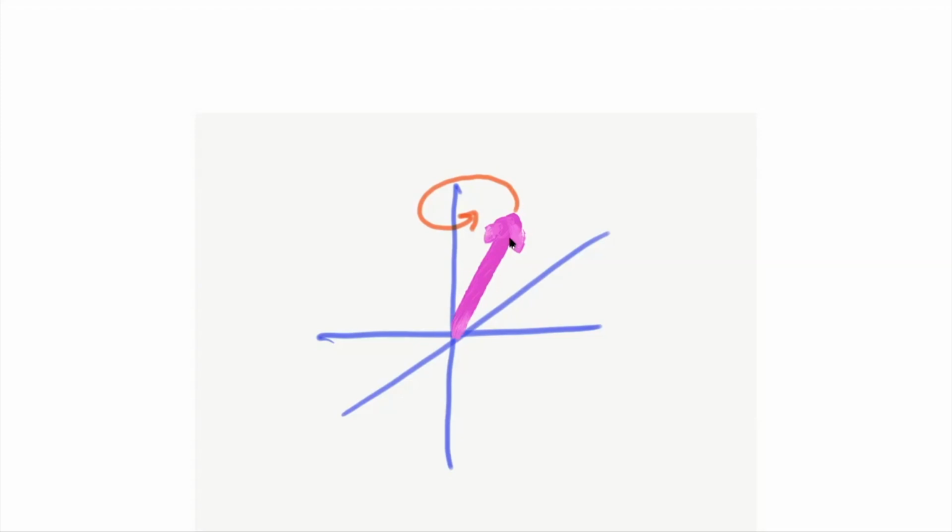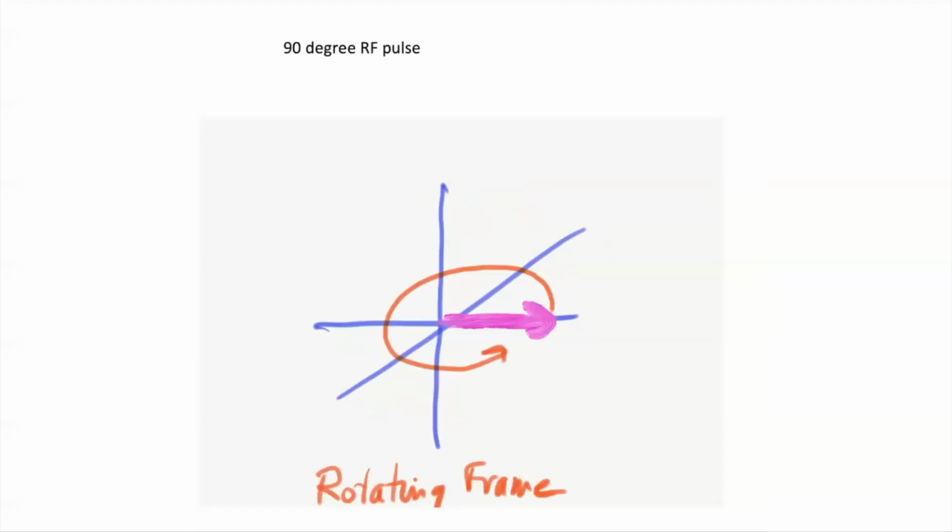And of course, that rotational velocity is based on the Larmor equation and the strength of the magnetic field. So for our drawings, I don't need to draw a moving vector. I can have it stationary because the framework is moving with it, in the same way that if you're talking to someone on a merry-go-round, even though you're moving around, you seem stationary to each other.